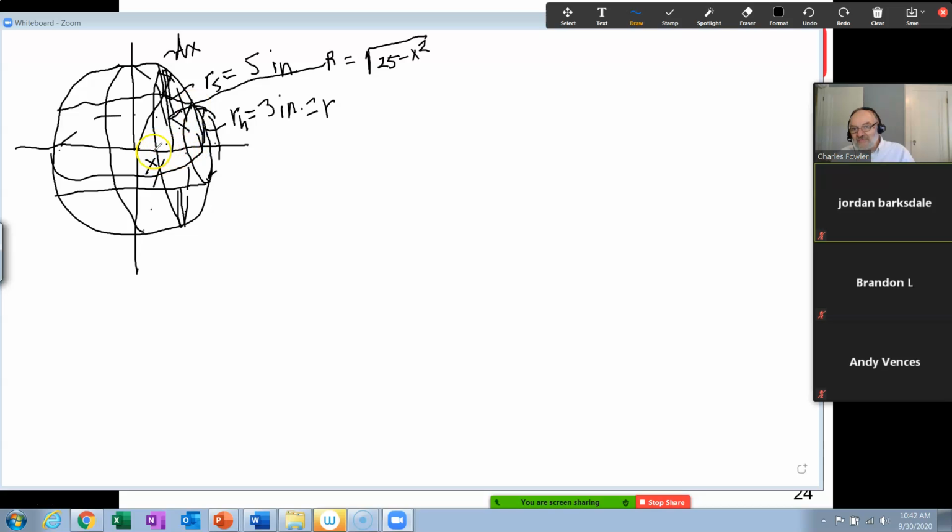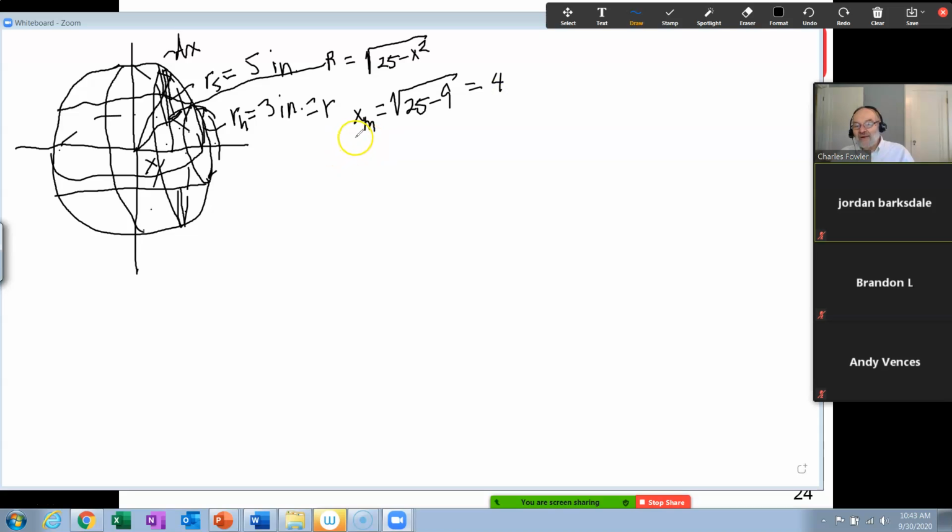Well, you know this is still 5. So the maximum x, I'm going to call it x max, is going to be the square root of 25 minus 9, which of course is 4. 25 minus 9 is 16, square root of 16 is 4.